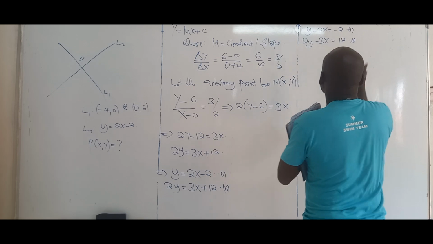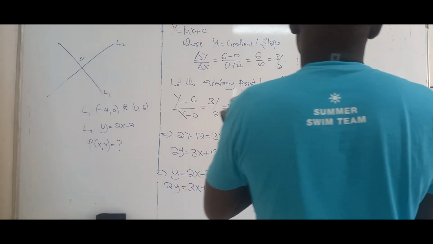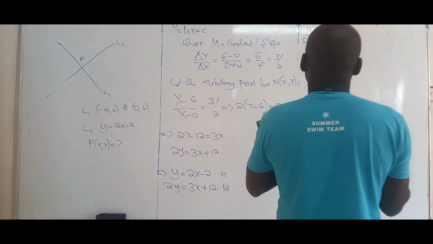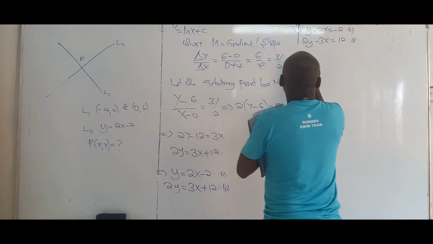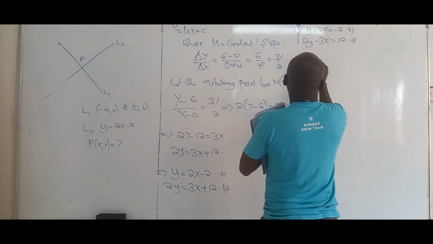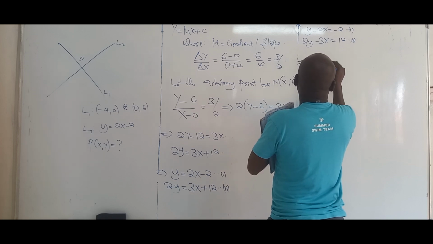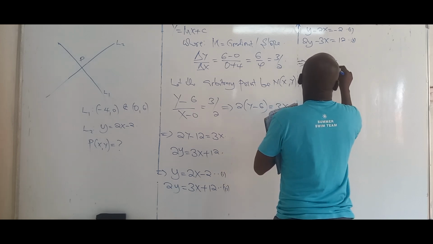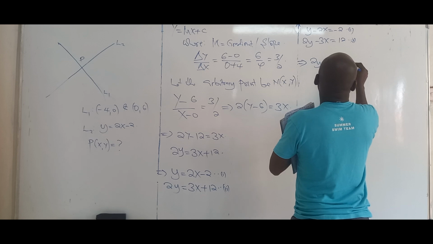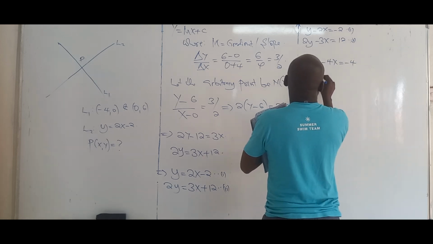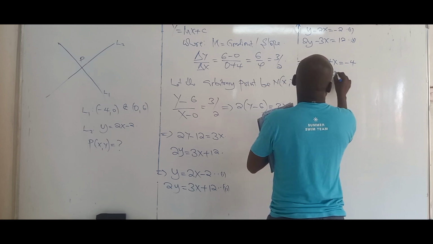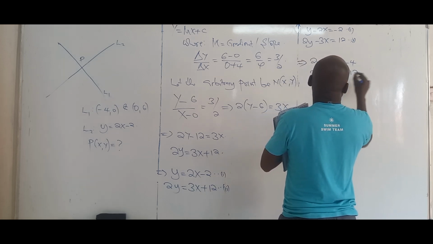In order to solve simultaneously, I can eliminate y. If I want to eliminate y, I have to multiply the upper one by 2. That should give me in effect 2y minus 4x is equal to -4. Then the lower one just remains 2y minus 3x is equal to 12.